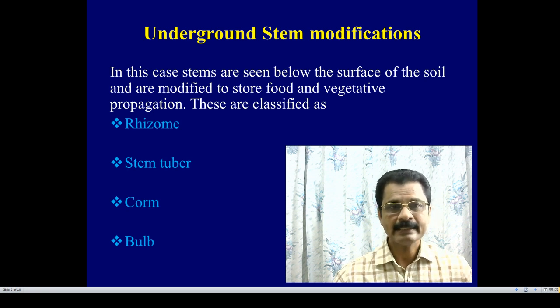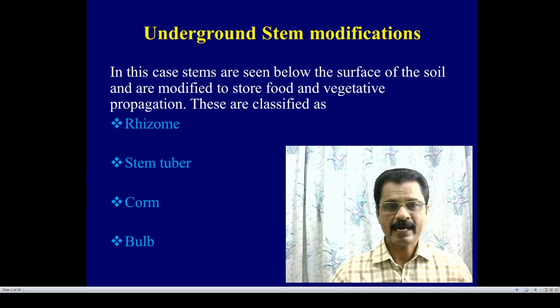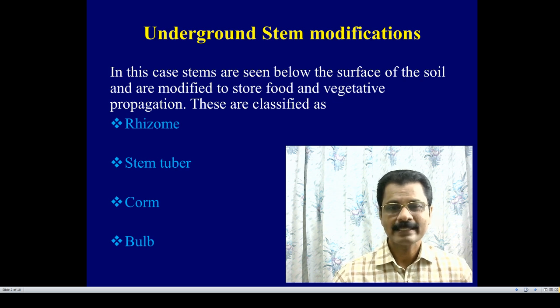In addition, certain stems are modified to perform other functions. So we have already discussed aerial stem modifications, subaerial stem modifications, and now the underground stem modifications. And these underground stem modifications are classified as rhizome, stem tuber, corm and bulb.